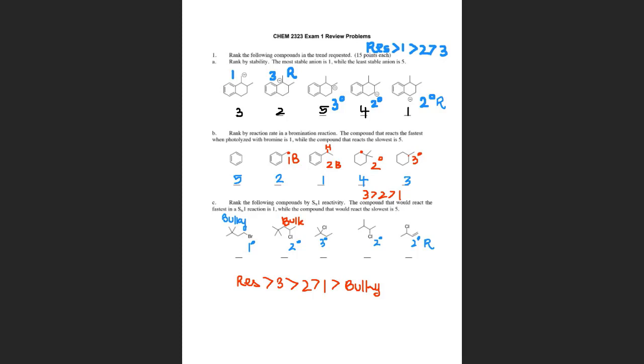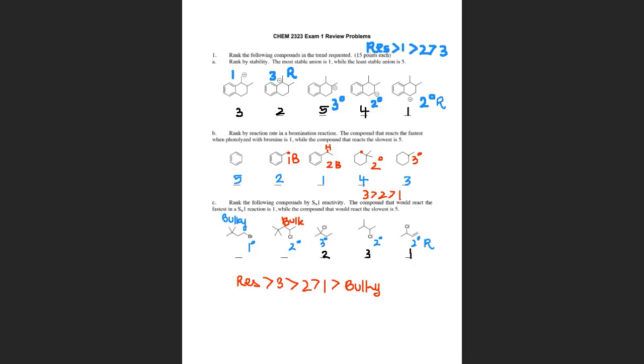All right, so now let's start labeling all of it and ranking it. So first we look for resonance. Our last structure has resonance, so we'll give that 1. Then let's look at if there's any tertiaries. Yes, there is a tertiary, so let's give that 2. Then let's look at secondaries, which is 3.